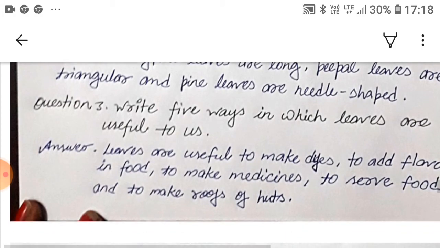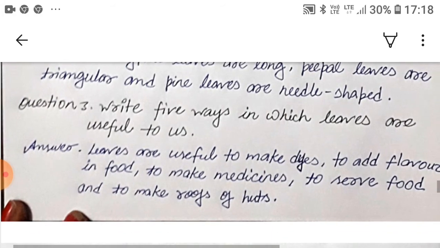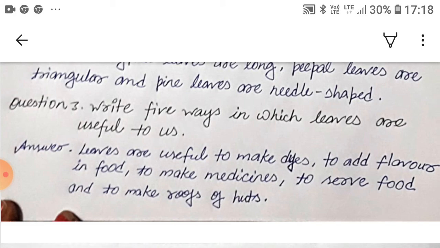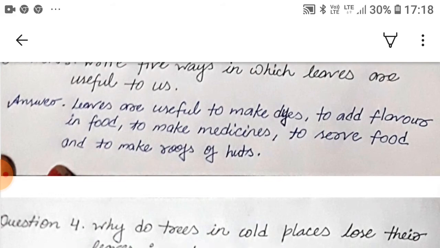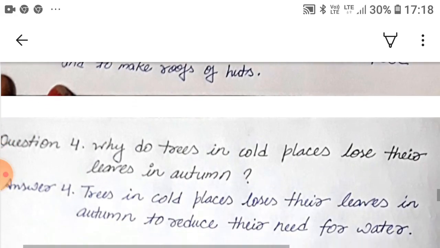Now the question 3. Write 5 ways in which leaves are useful to us. So its answer, leaves are useful to make dyes, to add flavor in food, to make medicines, to serve food, and to make roofs of huts.